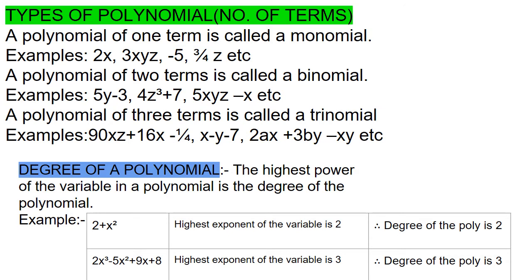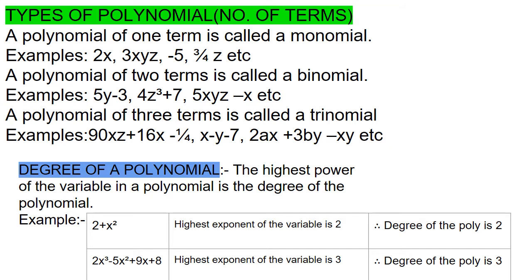Now observe, a polynomial of two terms is called a binomial. Bi means two, nomial means terms; a binomial is a polynomial consisting of two terms. Observe the examples here: 5y minus 3. The combination of two terms, 5y is one term and 3 is the other.